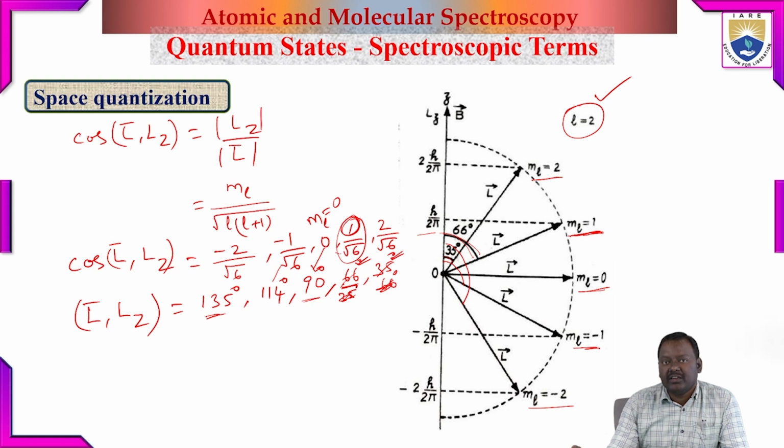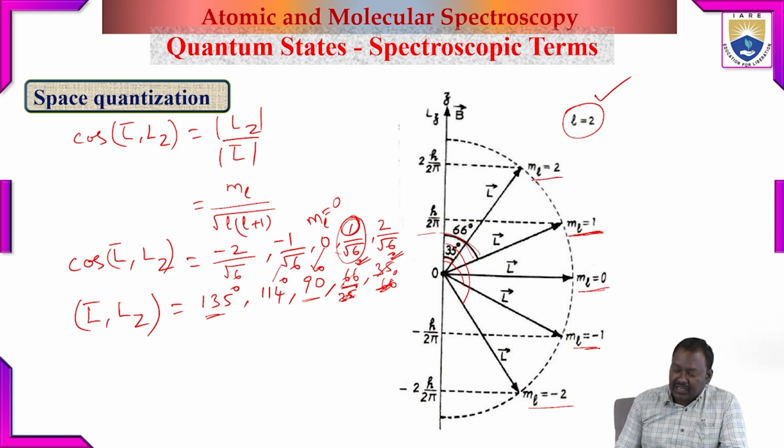There could be no other orientations for the electron except these. So these different orientations are quantized, and this is called space quantization.